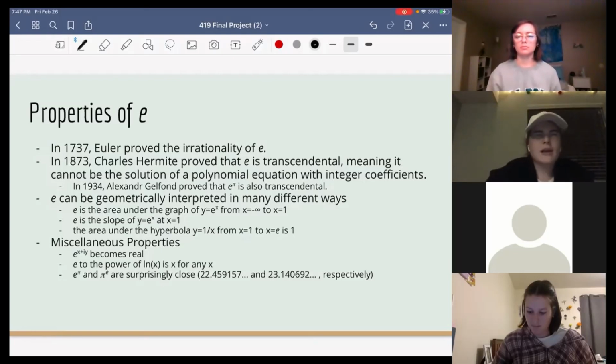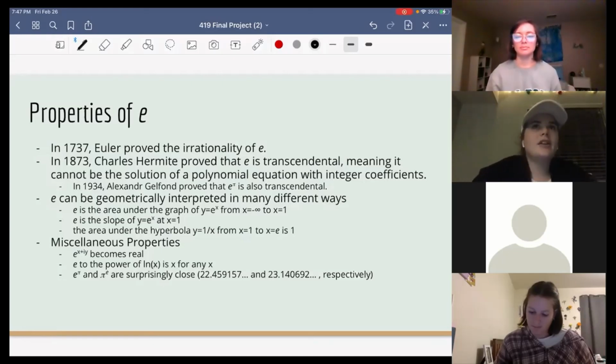e as a concept can be represented geometrically in a lot of different ways. The first one is, if you think about the area under the curve e to the x from negative infinity to 1, that area, or that integral, is equal to e. Another way of thinking about it is e is the slope of e to the x at the point x equals 1, which makes sense.